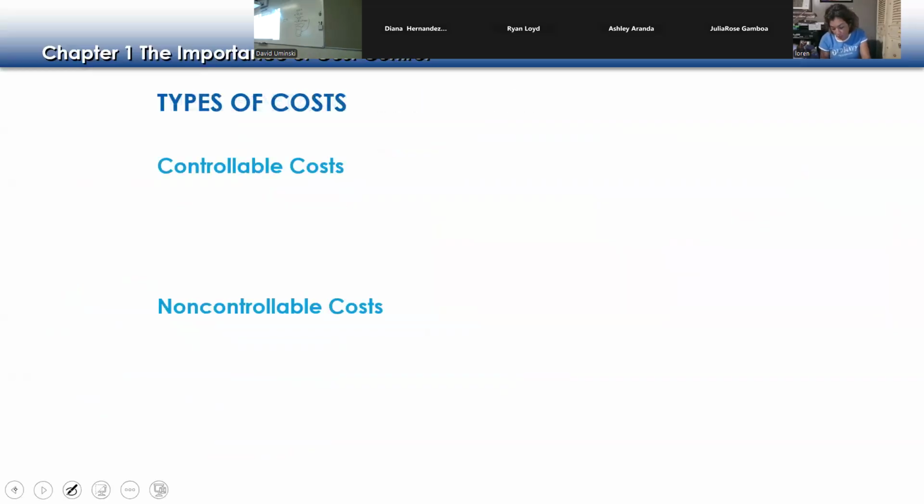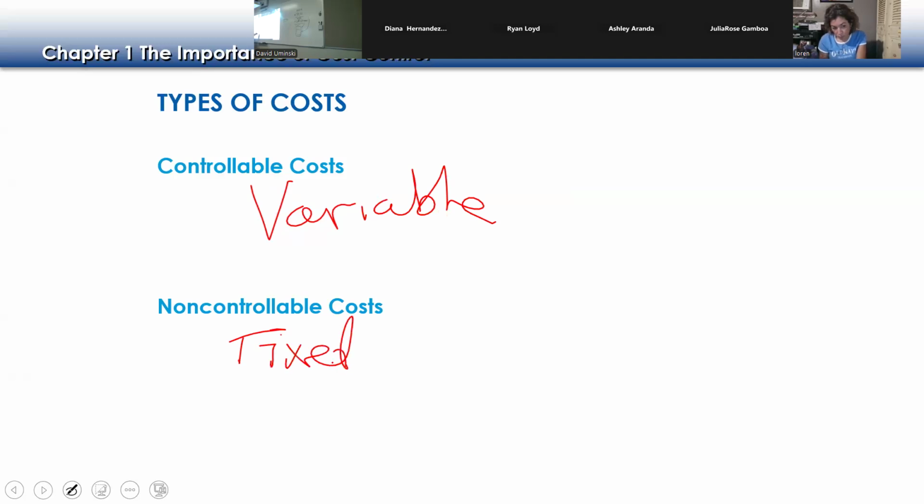When we come to controllable versus non-controllable, controllable is our variable. And this is our fixed. Why can we control our variable costs? Because it changes.